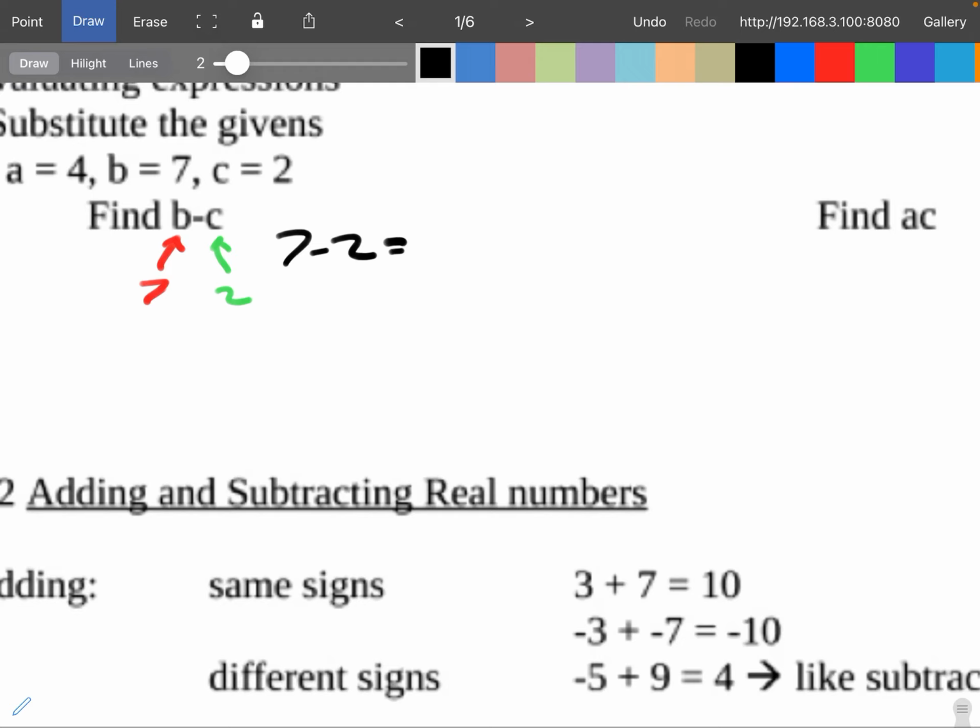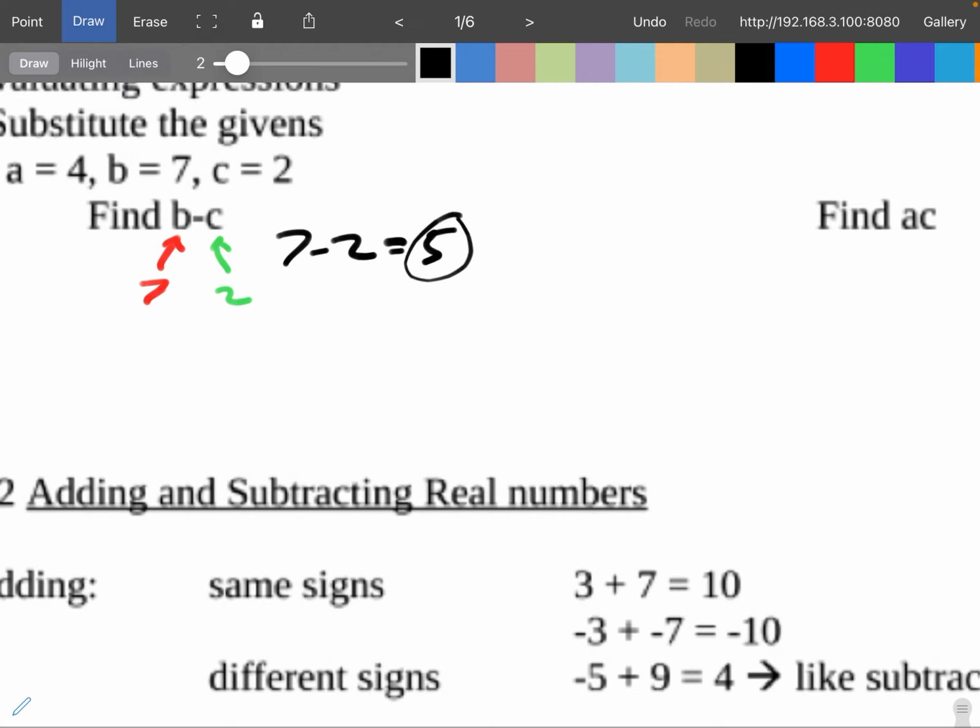Check again. 5, yeah. All right, so we get 5. So that's what it means when it says evaluate. We're actually going to get a number answer, okay? So what you're doing on these again is you're replacing the variables with the given numbers.